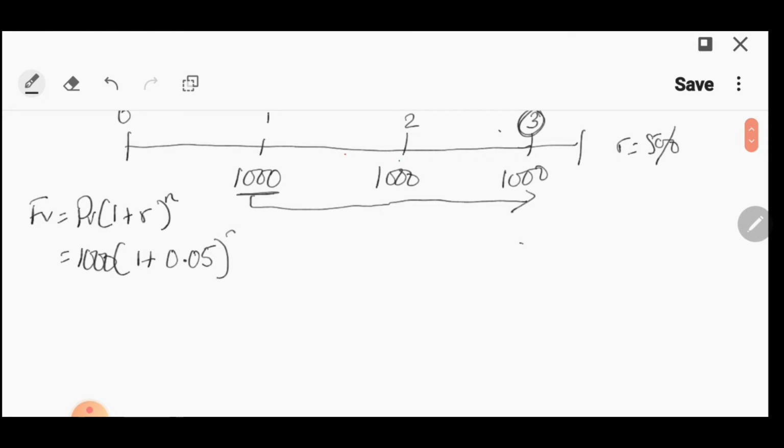So the n over here will be 2. Similarly, we will go on to the next cash flow. So for that, we need to add plus 1000 in it. Because now in our bank account we added another 1000, the interest rate is the same.